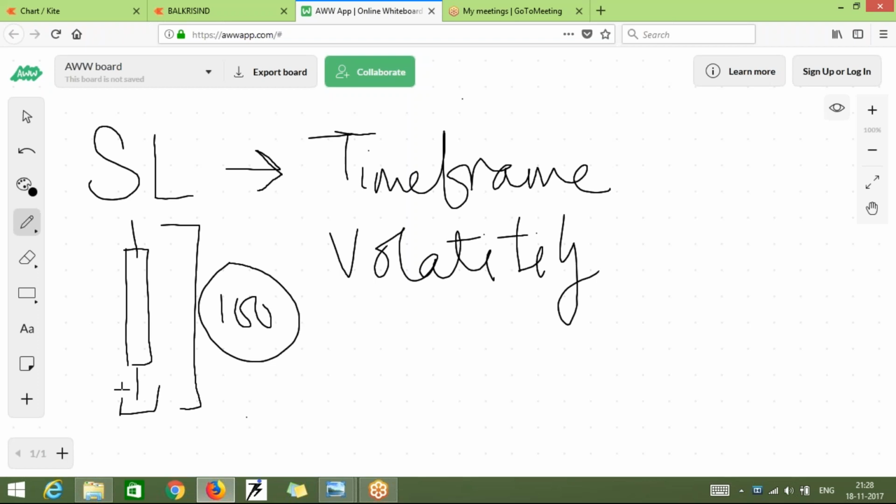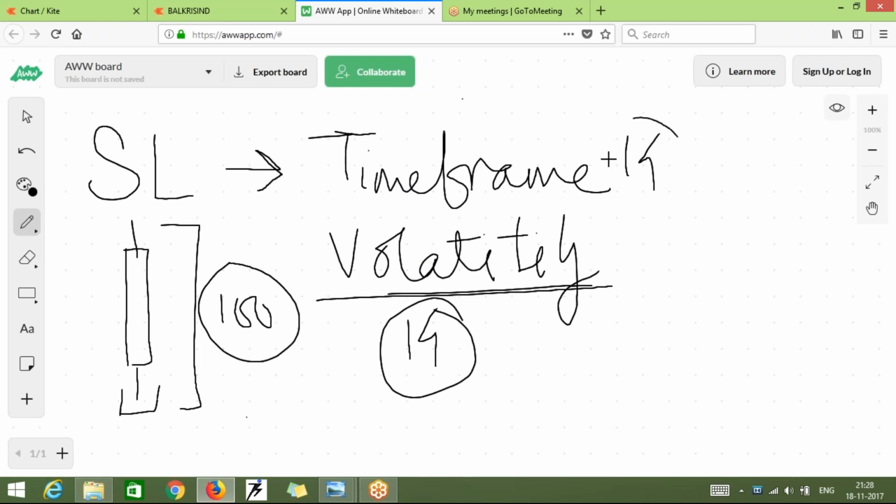If in an hourly chart you see that this big candle is formed and you need to place your SL as low as the candle's low, it's practically not possible. You can lose your capital also. So ATR takes volatility into consideration for 14 periods, the last 14 candles, and the same in the case of time frame also.